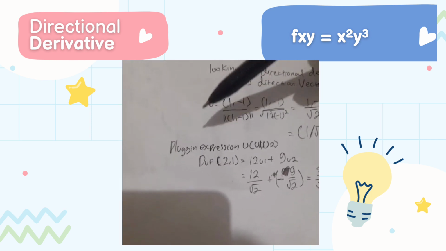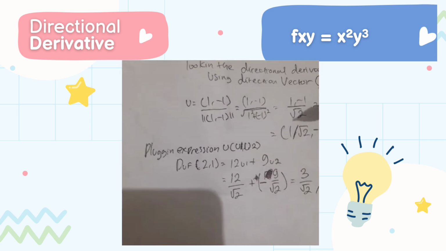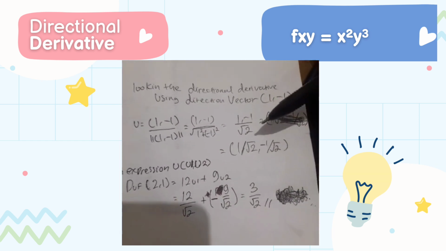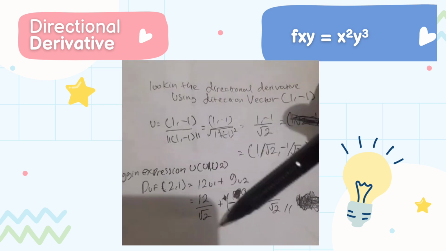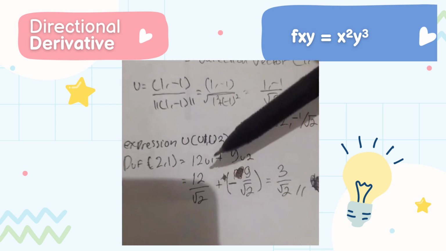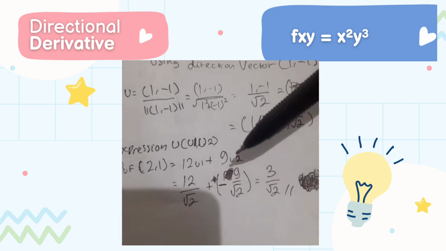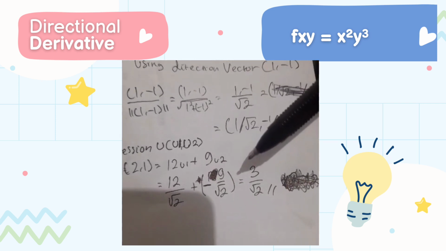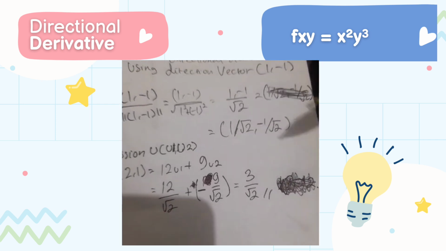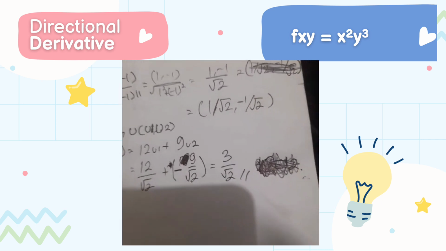The last step is to plug in the expression u, which is 4i and 12j, with these two fractions. After the plug in, 12 divided by root 2 plus minus 9 divided by root 2 equals 3 divided by root 2, and we are going to prove it on the GeoGebra site.